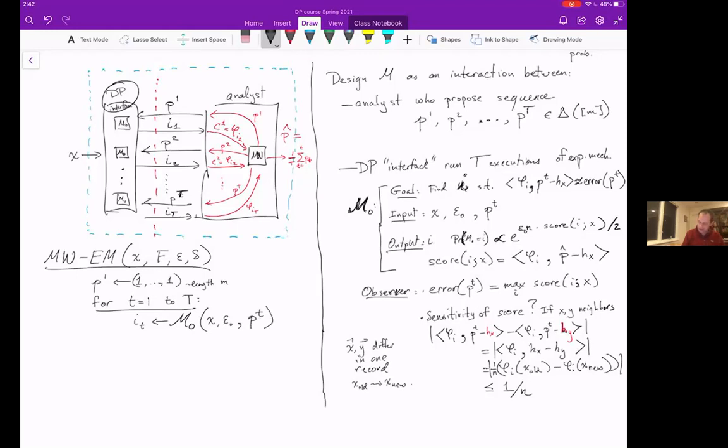So M naught is this instance of the exponential mechanism. Then we set our cost vector to be the query corresponding to the output of M naught.